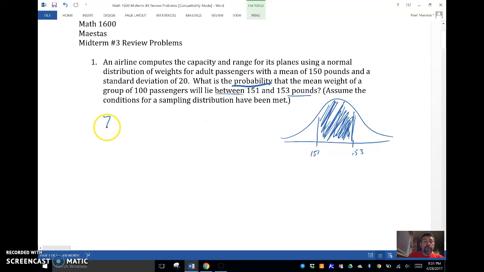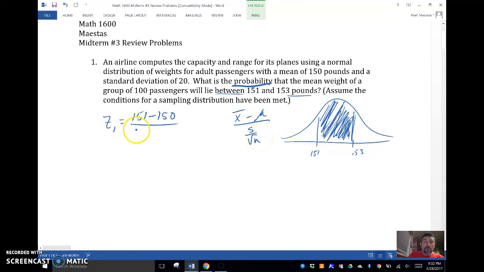So I'm going to first find the z-score for the first one, and that's going to be 151 minus 150 divided by s over root n. Okay, this is how we use a sampling distribution. Remember, it's x bar minus mu over s over root n.